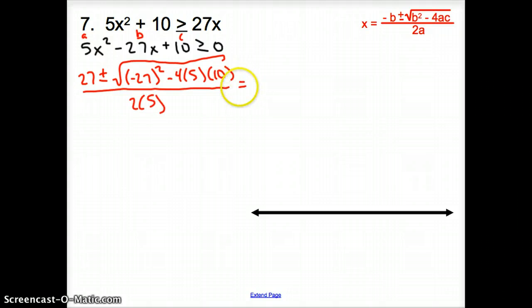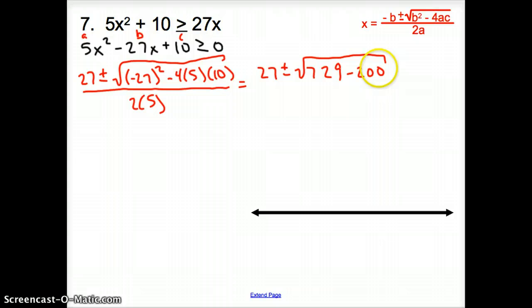Cleaning things up as I work across, it's going to be 27 plus minus the square root of 729, as the negative 27 squared is a positive 729, minus 200. That's going to go over 10. So I'm going to clean it up one more time.